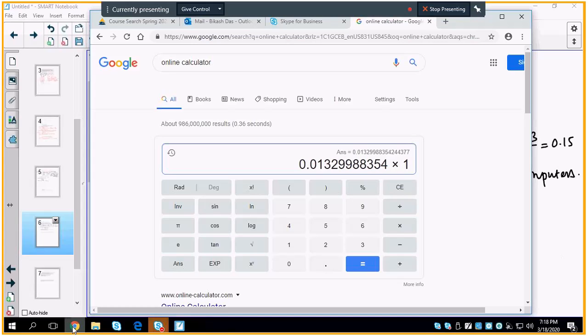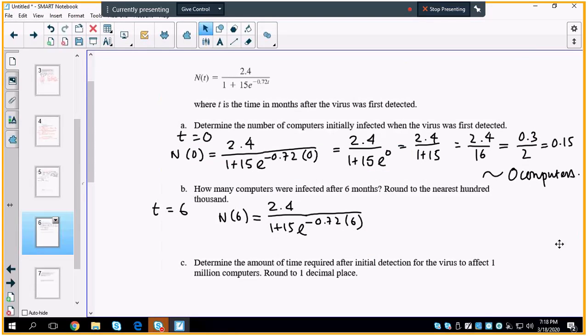So times 15, add 1. This is the denominator and you are dividing 2.4. So you will say 2.4 divided by the answer. And I got, rounded to the nearest whole number, 2. But remember the unit is hundred thousands. So it will be 200,000 computers, approximately.